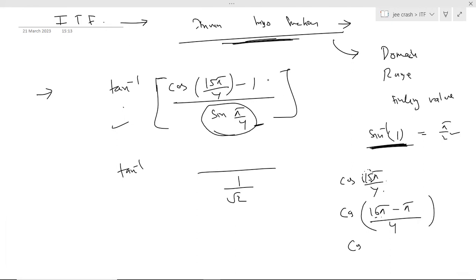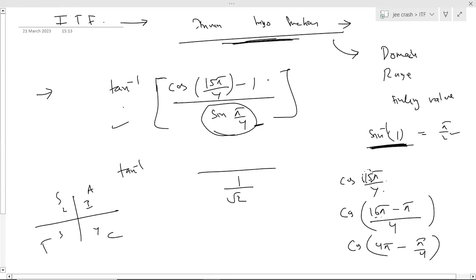Now we can write this as cos of 4 pi minus pi by 4. Everyone knows this is first quadrant, second quadrant, third quadrant, fourth quadrant, A, S, T, C. All positive, sine positive, tan positive, cos positive, right?